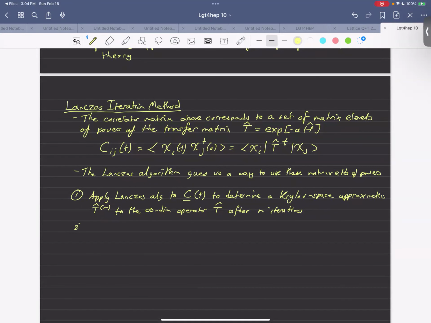Second, we're going to diagonalize T_m to get its eigenvalues and eigenvectors. Third, the Lanczos process allows for rigorous bounds to be derived on the eigenvalues that come out.